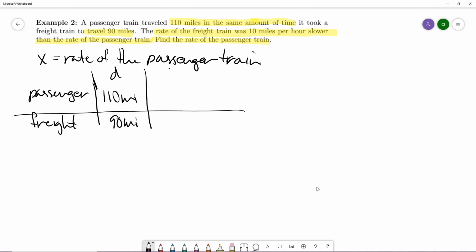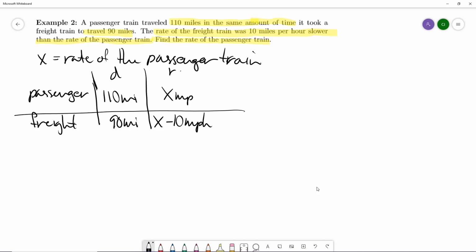What is the rate? It says the rate of the freight train is 10 miles per hour slower than the rate of the passenger train. So for the passenger train, it is just x. And since the freight train is slower, it's going to be x minus 10 miles per hour.